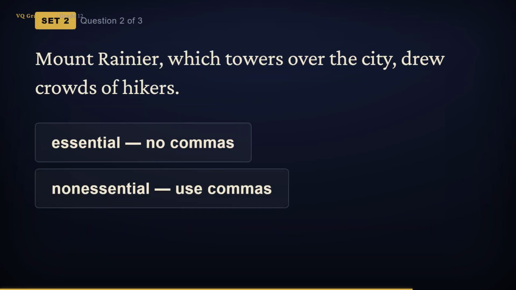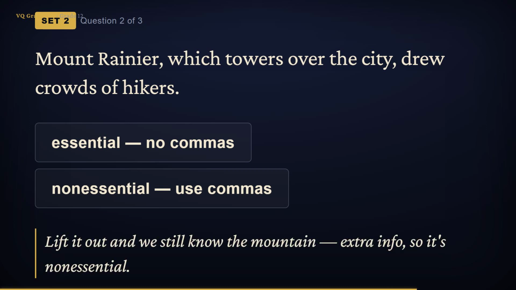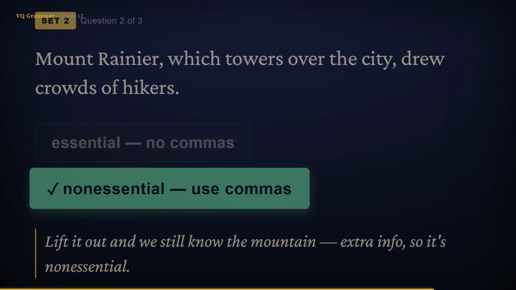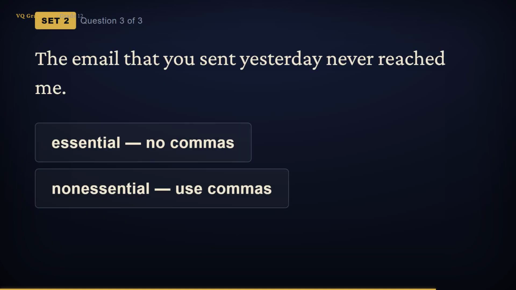Mount Rainier, which towers over the city, drew crowds of hikers. Lift out which towers over the city, and we still know exactly which mountain. It's Mount Rainier, named right there. The clause is just extra detail, so it's non-essential, and non-essential clauses are set off with commas. The email that you sent yesterday never reached me.